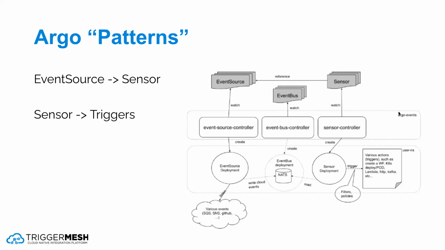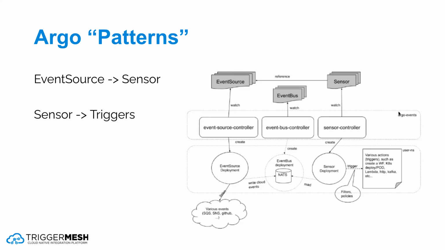Whereas in the Knative world, a trigger is actually a binding between a certain type of event and a target or a source. So anyway, in Argo, you have this concept of where events are coming from, and those events are detected by a sensor, and the sensor triggers the execution of a particular workload.